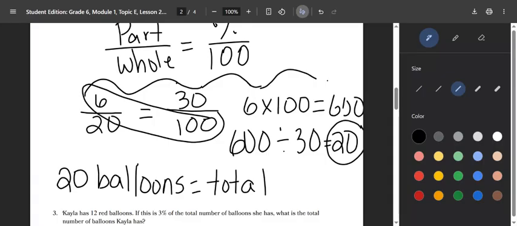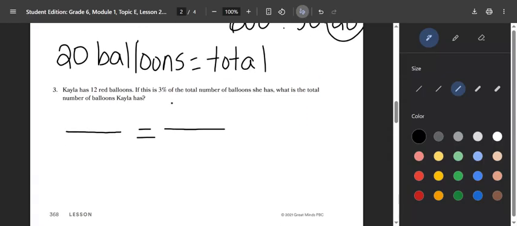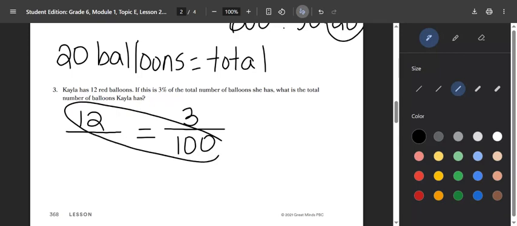Part over whole equals percent over 100. So it says Kayla has 12 red balloons and this is 3%. So 12 is not 100%, it is the part. 3 is the percent, and of course the percent goes over 100. Cross multiply and divide.